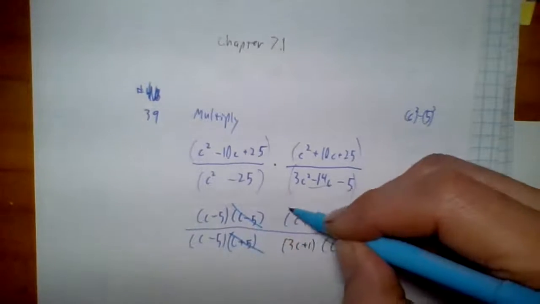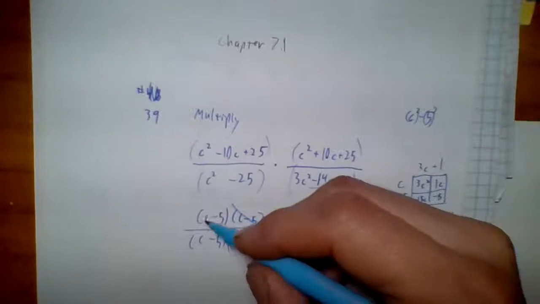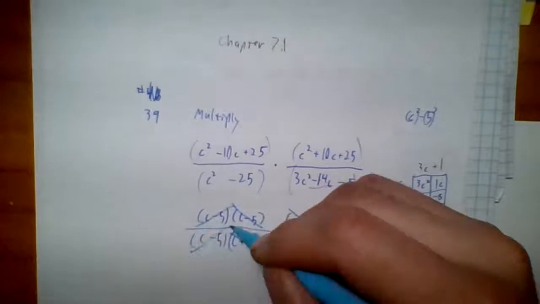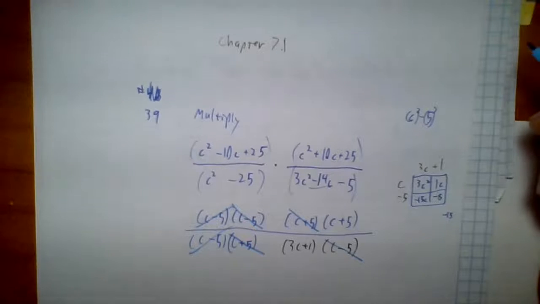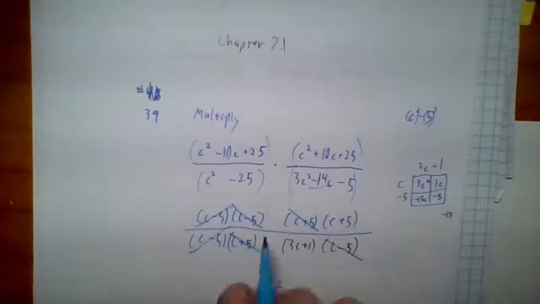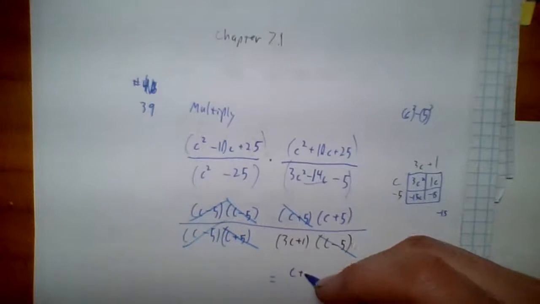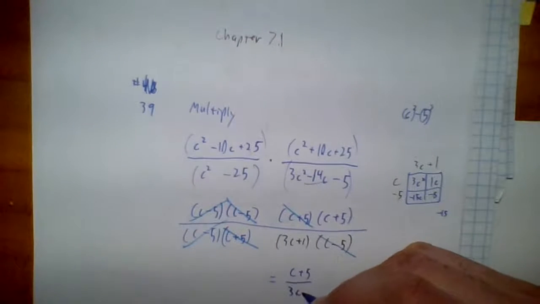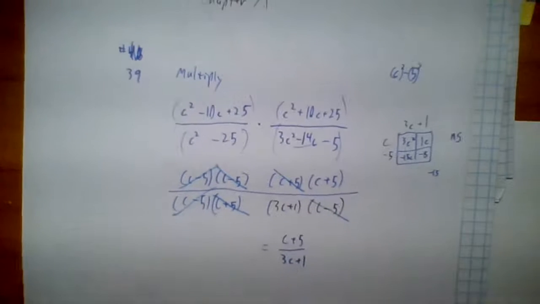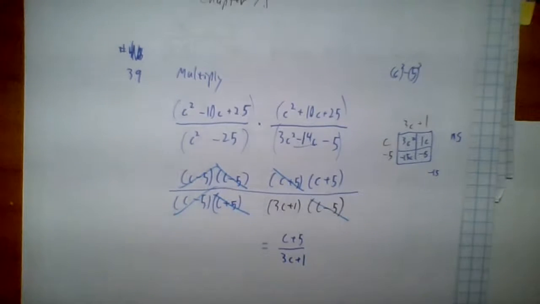So the same thing on the top and bottom will always cancel out. These two I can cancel because they're the same on the top and bottom. A lot of that simplified out, and I get a very simple looking answer. It just came out to c plus 5 over 3c plus 1. So that's the simplified form of the answer. That's how multiplication works though.